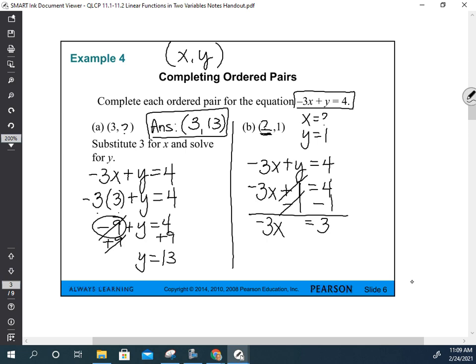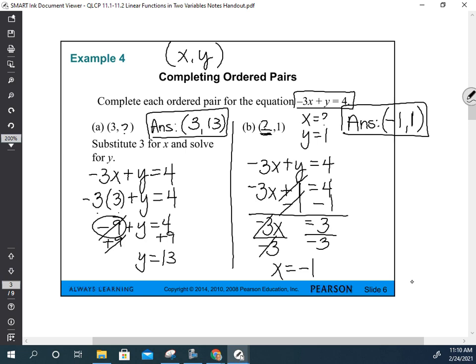So to get rid of that negative 3, we got our point, negative 1, comma, 1. Any questions before we keep it moving?